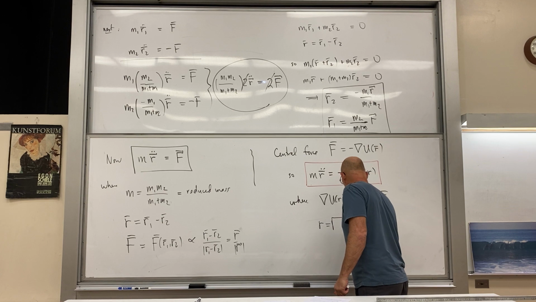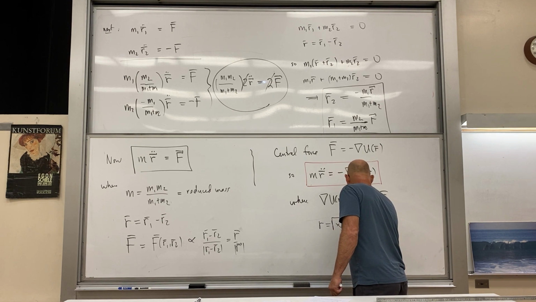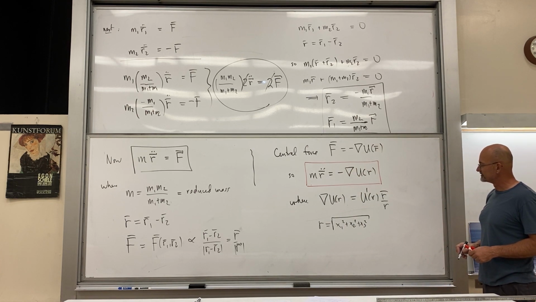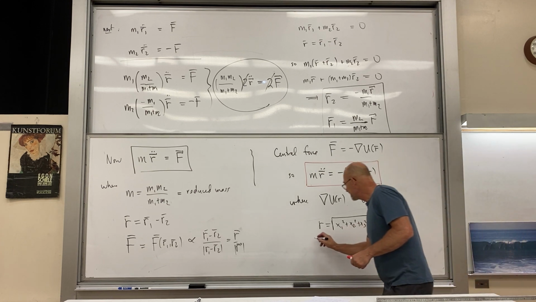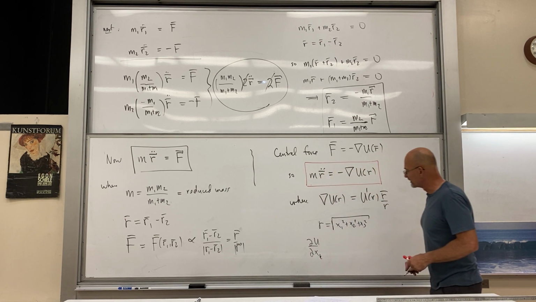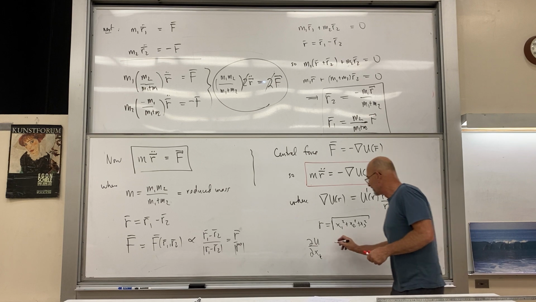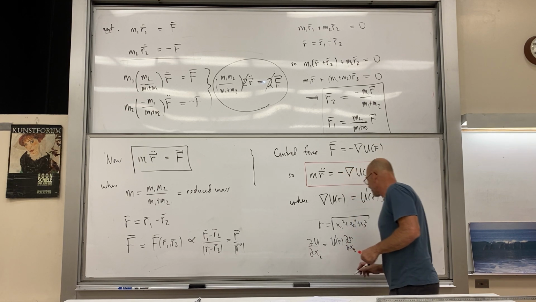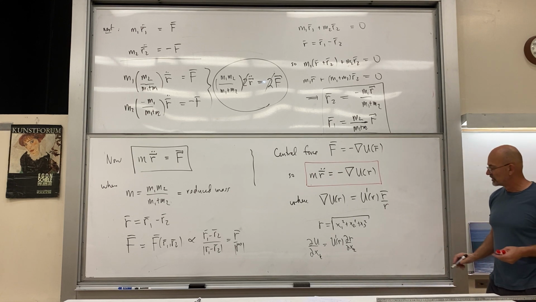R is equal to the root x1 squared plus x2 squared plus x3 squared. X, y, and z, right? We're in free space. du dx sub k, okay, just one of those components, is going to be u prime of r times dr dx sub k, because that's just the chain rule.